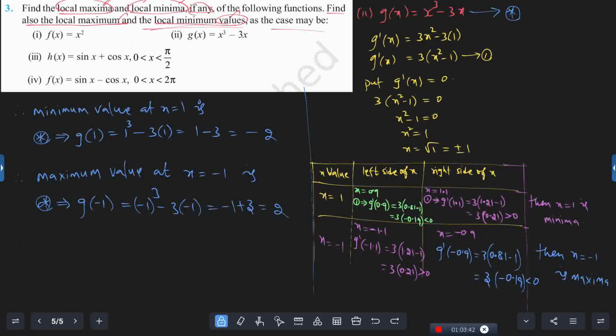Next question onwards, I will try the second derivative. Write fast. Okay, then we'll go to the third question. Do it fast.